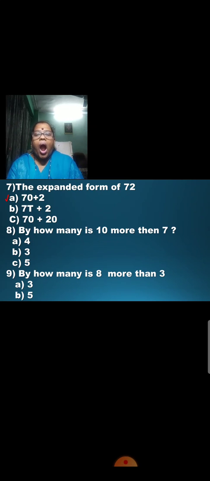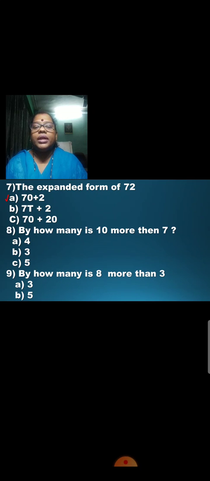By how many is 10 more than 7? Options: 4, 3, 5. Now, to see how many is more, what you will do? You will subtract. So, the bigger number take on your finger.